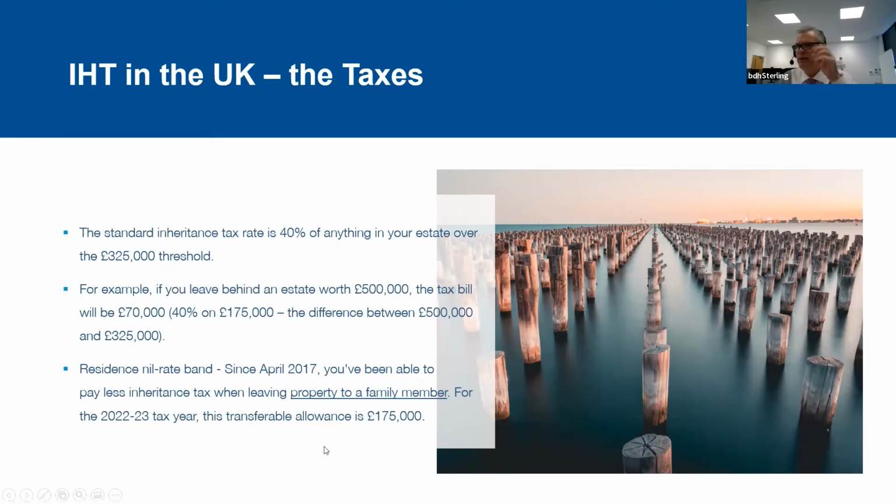As I said, in addition there is the residence nil rate band, which is relevant to you if you pass your property to a family member, and for the current tax year, 22-23, that allowance per person is 175,000.